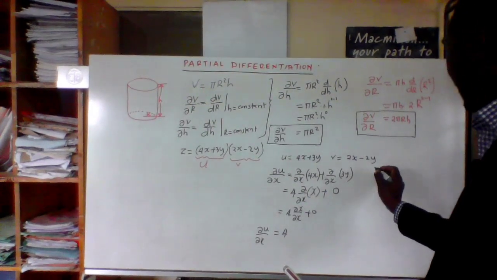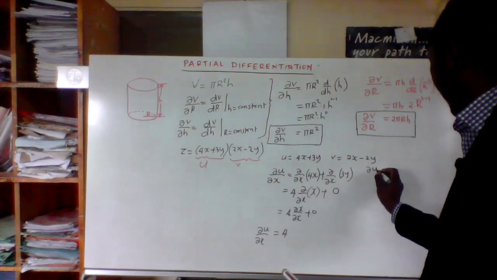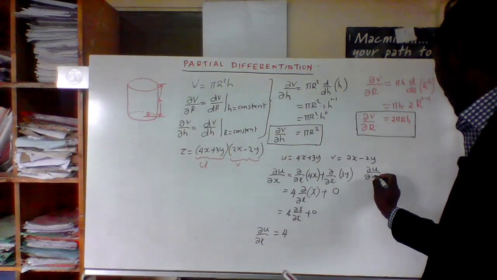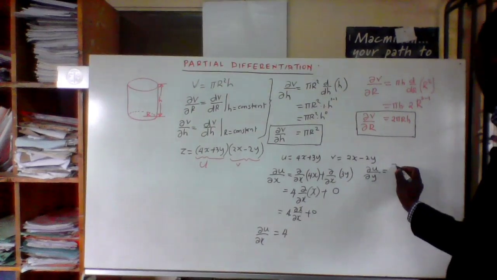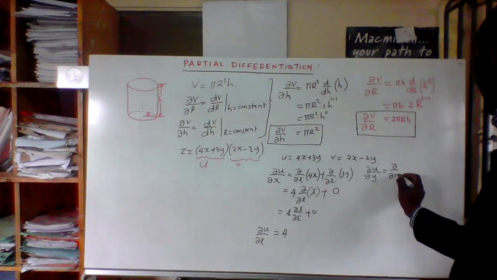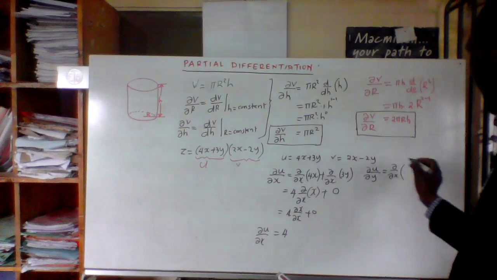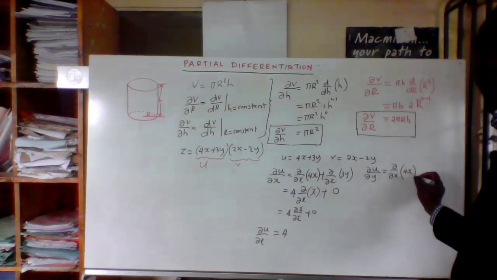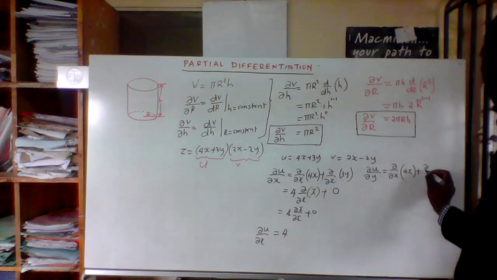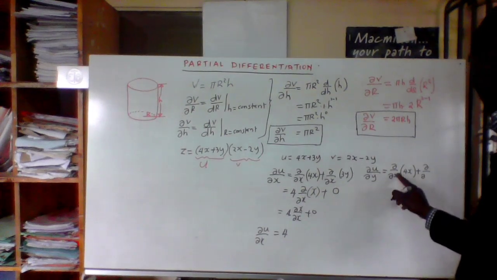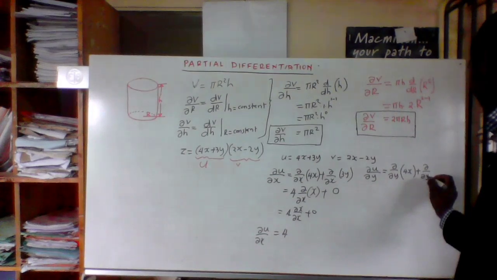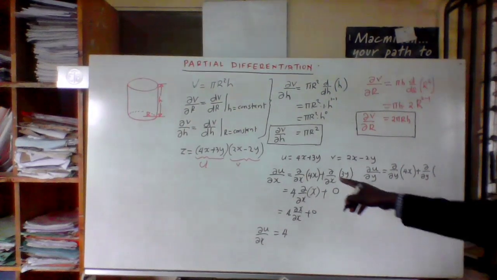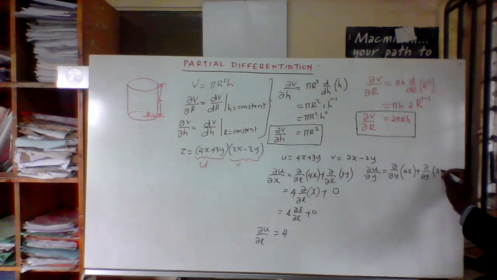We can also have the partial derivative of u with respect to y, keeping x constant. So we have the partial derivative with respect to y of the first term here, 4x. Then we add the partial derivative with respect to y of the second term here, 3y.